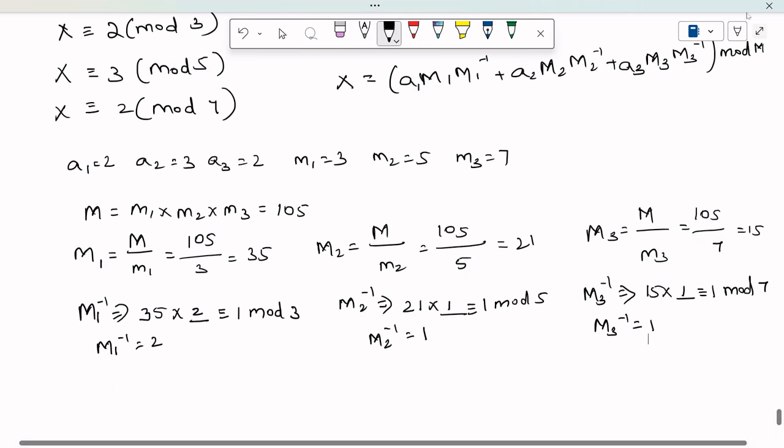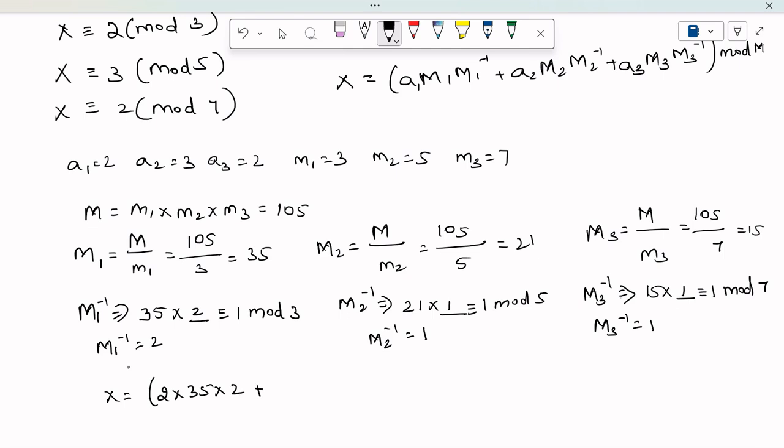So now we can make use of this particular equation to compute x. So x is equal to A1, which is 2, multiplied by capital M1 35, multiplied by M1 inverse 2, plus A2, which is 3 multiplied by capital M2 21, multiplied by M2 inverse 1, plus A3, that is 2 multiplied by capital M3 15 multiplied by M3 inverse 1, mod capital M, that is 105.